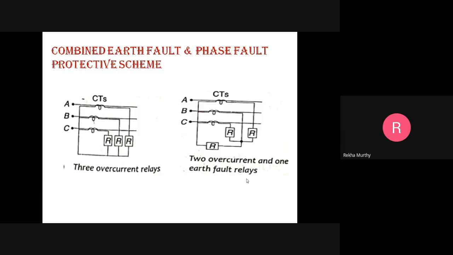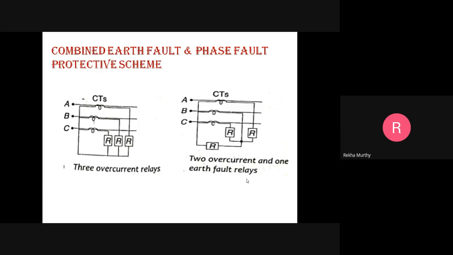And we discussed earth fault protection and phase fault protection, the difference between the two, and what effect it causes on the CT burden value when you employ both combined.